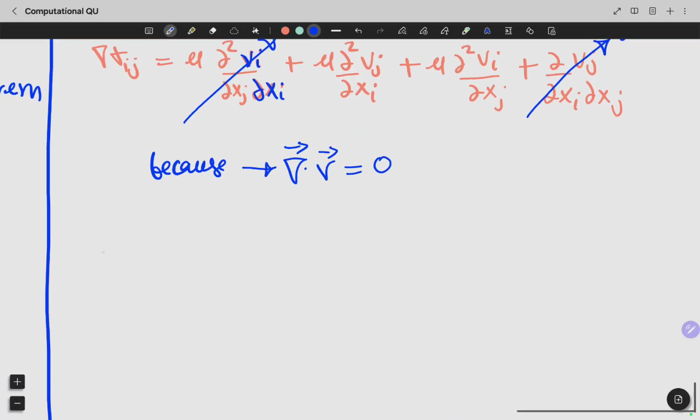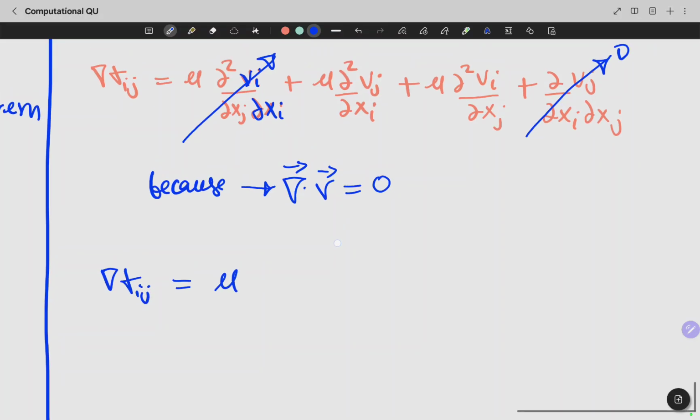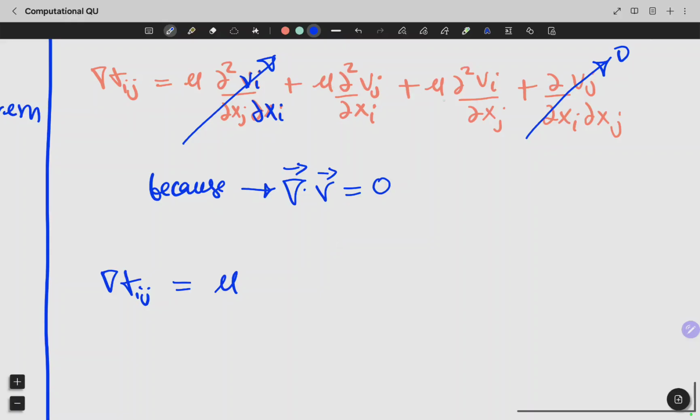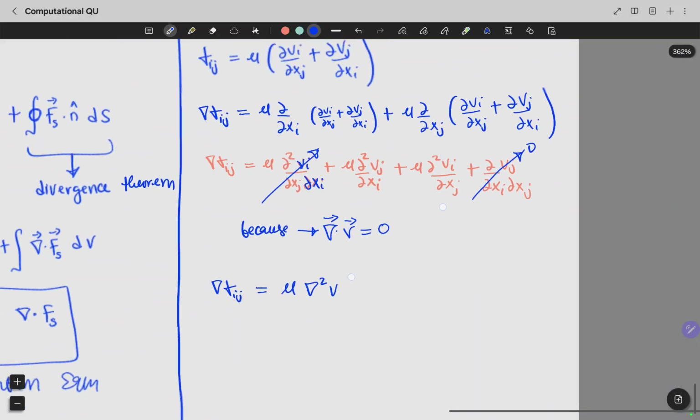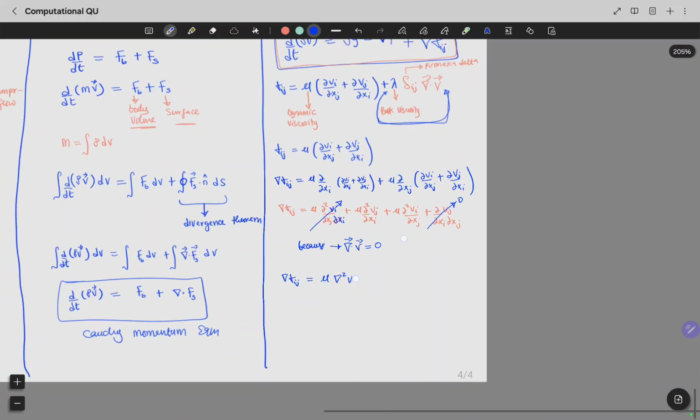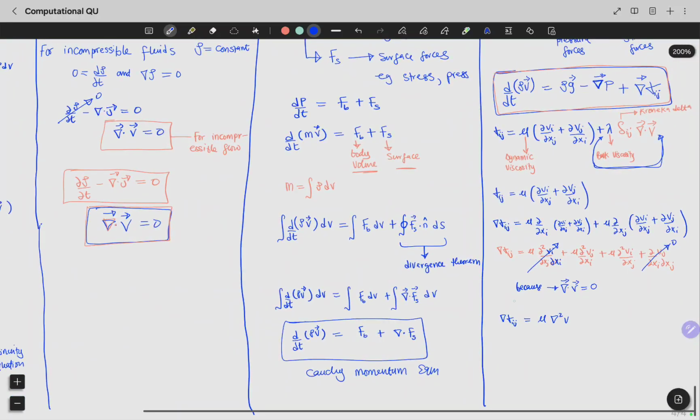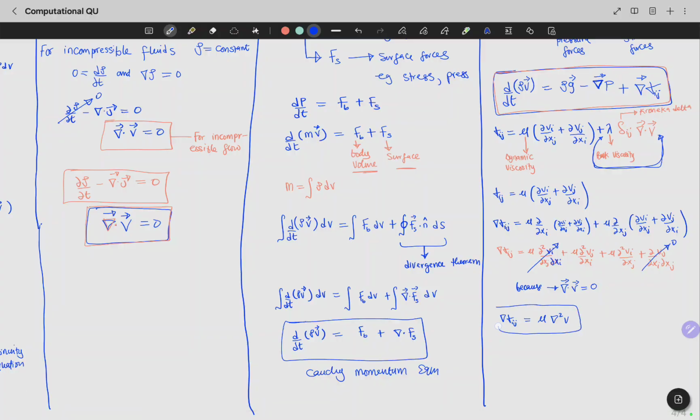And then you have this ij becomes mu, so you can factor, because you have this and that, you can call it this. Yeah, you can just call it this. And now we are in a position to substitute this here.